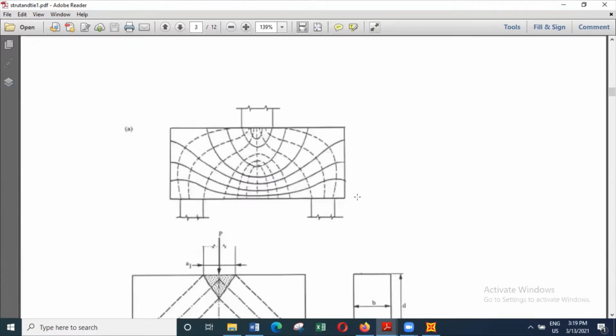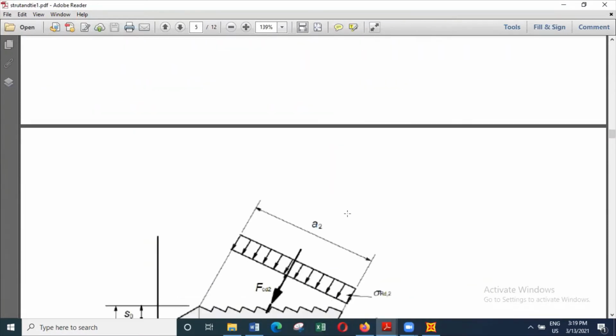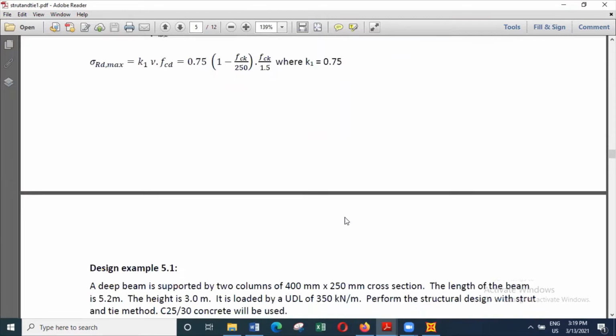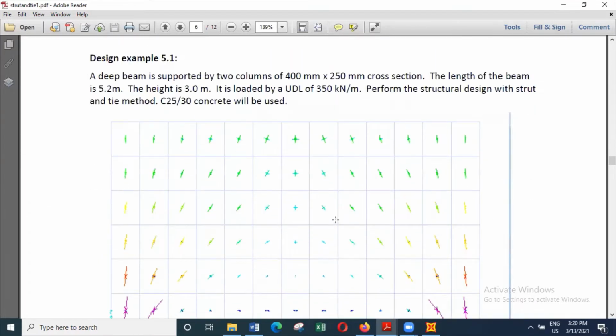Whereas let's consider a case of a deep beam where it supports a uniformly distributed load. So a deep beam is supported by two columns, 400 by 250 millimeter cross section.